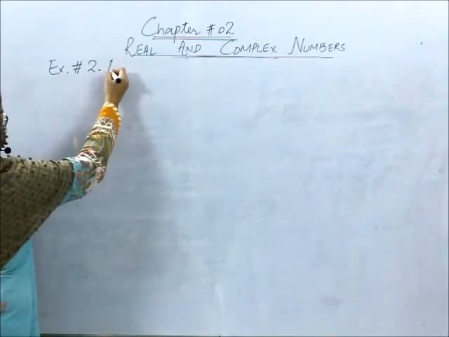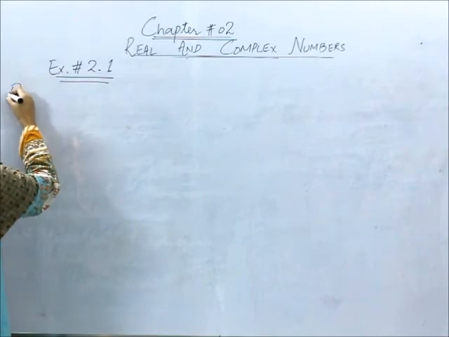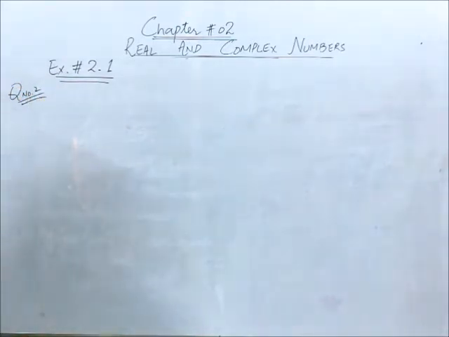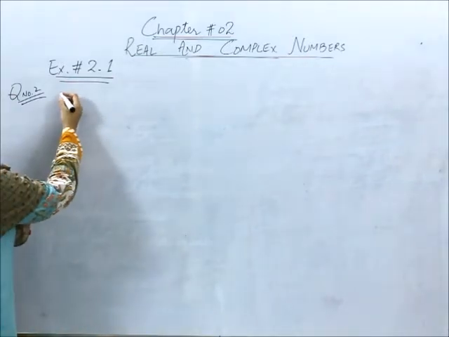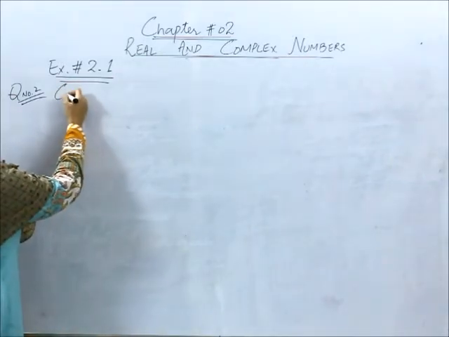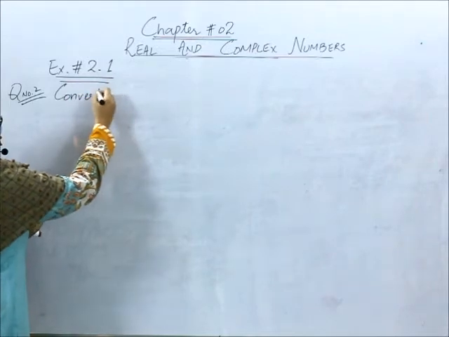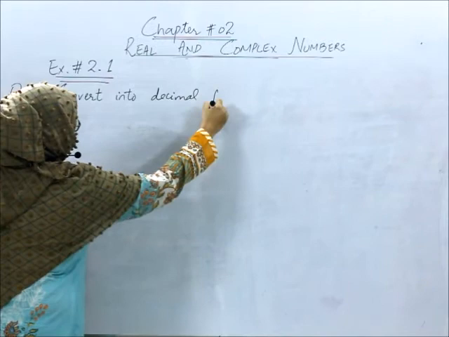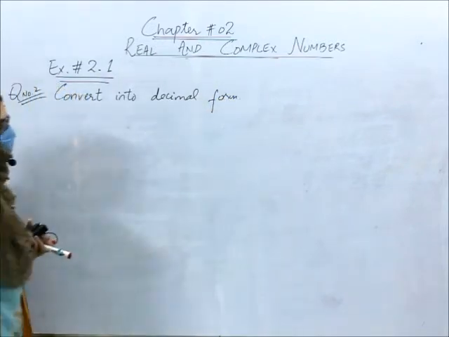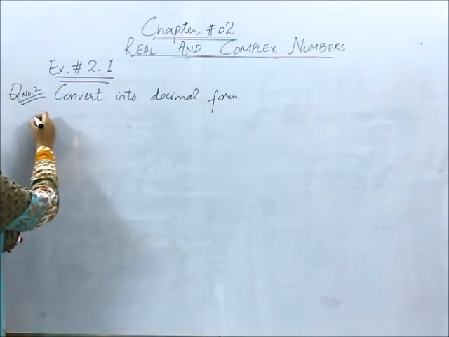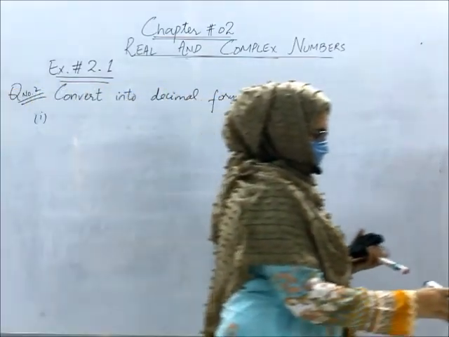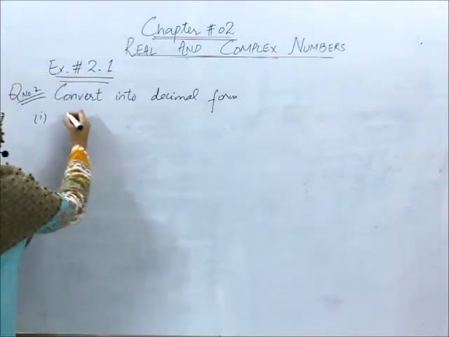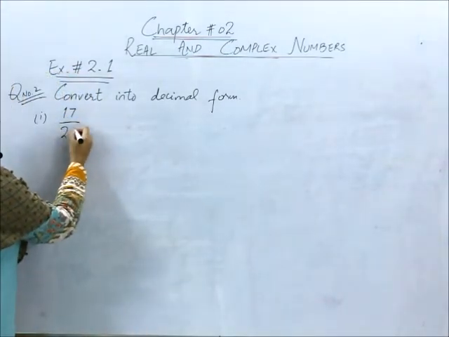Okay students, now we are going to solve question number 2 of exercise 2.1. Question number 2 is to convert some fractions into decimal form. So this is a very easy question. First part is 17 by 25.